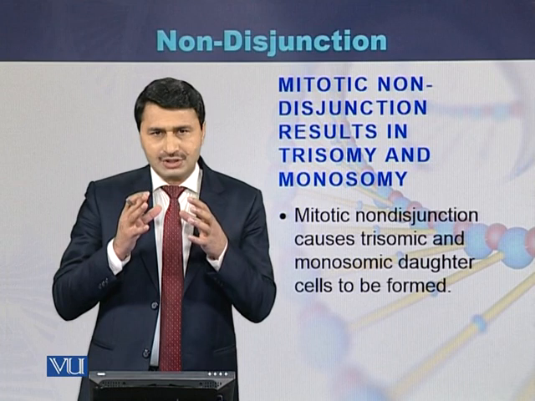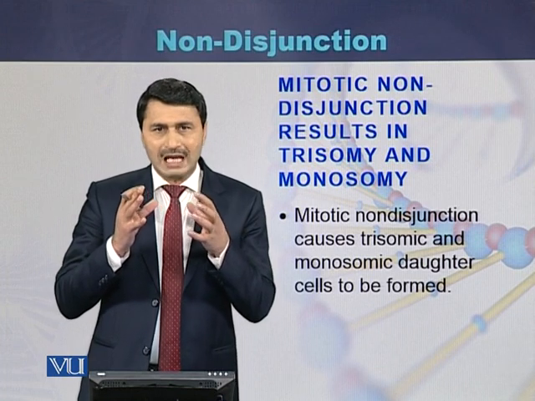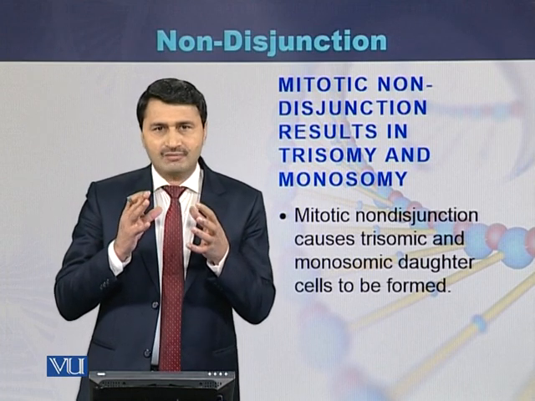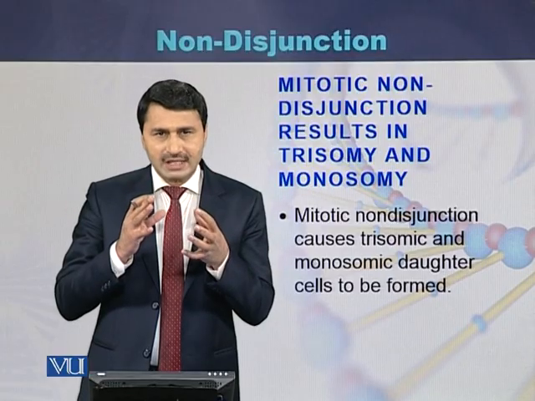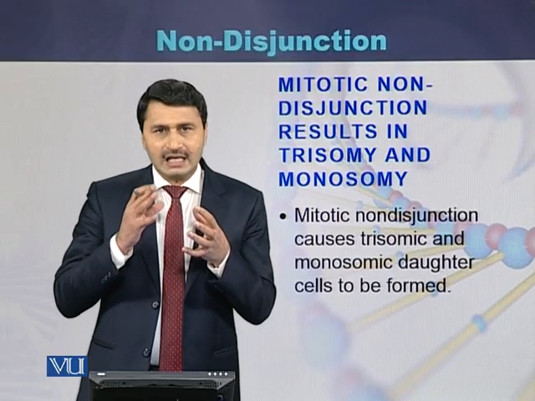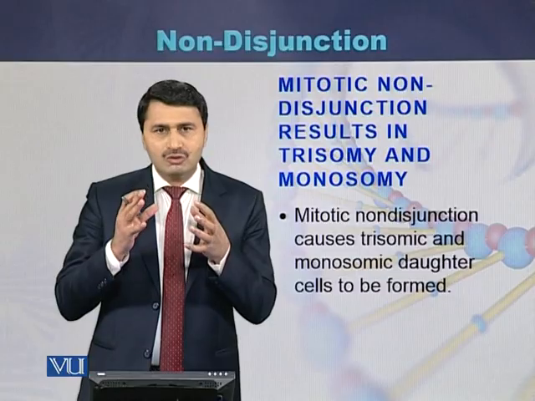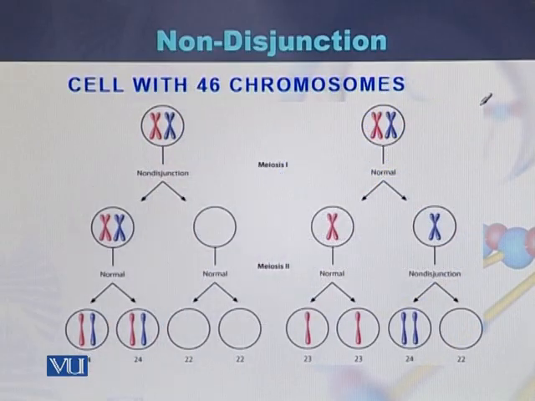Mitotic non-disjunction produces two types of cells. One of the cells will be trisomic in nature, while the other cell will be monosomic in nature. Let us look at this diagram to understand what non-disjunction and normal disjunction are.